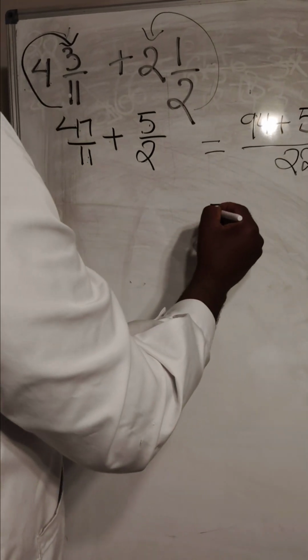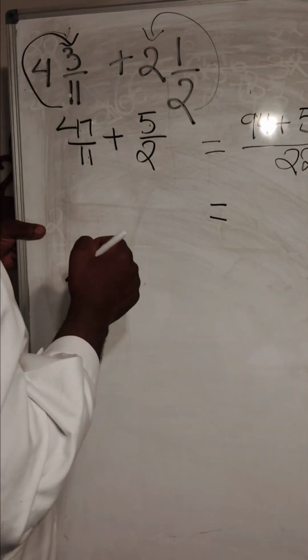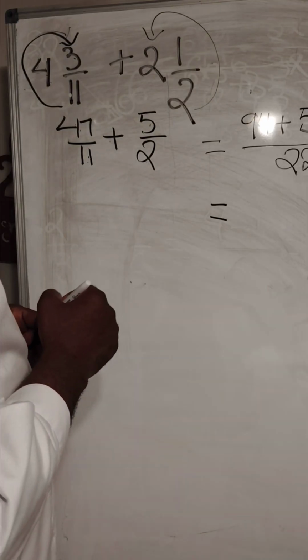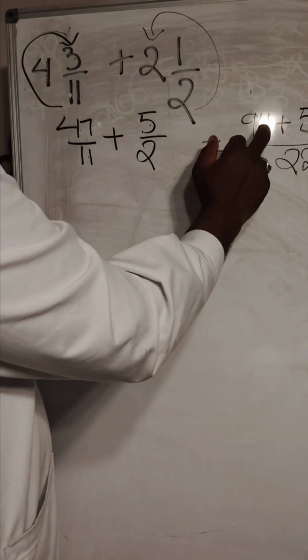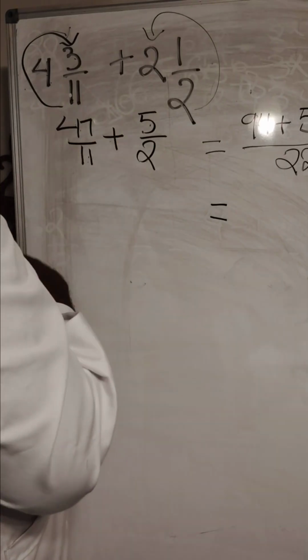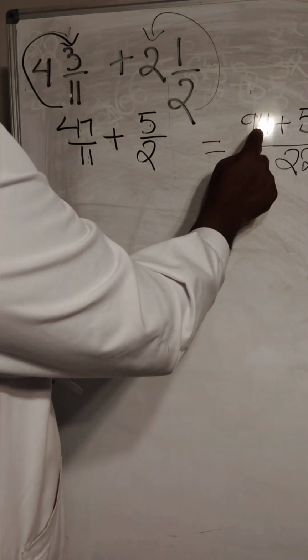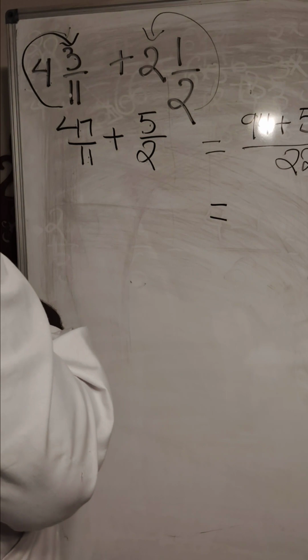Okay? So from here, you will now have to add 94 to 55. Well, if you use mental calculation, if I add 6 here that I don't have, it will make me 100. I will remove that at the end. Then you have 100 plus 55, you have 155.